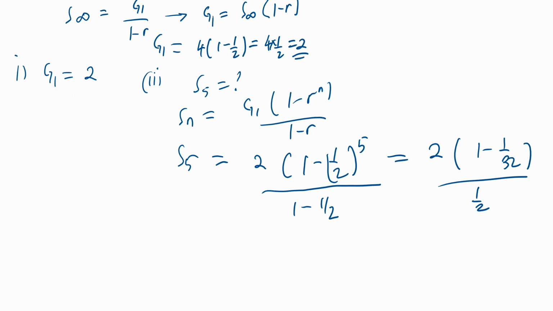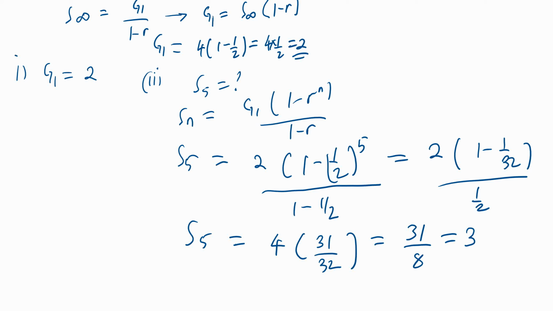So the sum of the first 5 terms, dear students, will be 4 multiplied by 31 over 32. To simplify further, we have 31 over 8. Dividing, you are going to have 3 and 7 over 8.